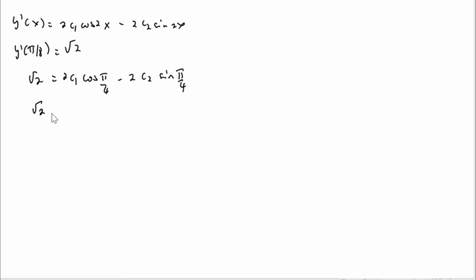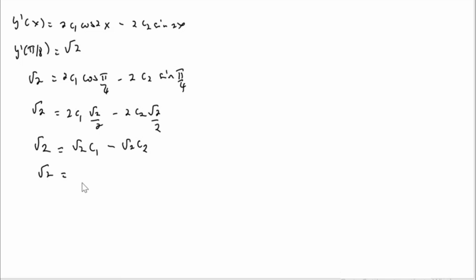So we have square root of 2 is equal to 2 c sub 1 of square root of 2 over 2 minus 2 times c sub 2 of square root of 2 over 2. Simplifying on the right hand side, we have now square root of 2 c sub 1 minus square root of 2 c sub 2.